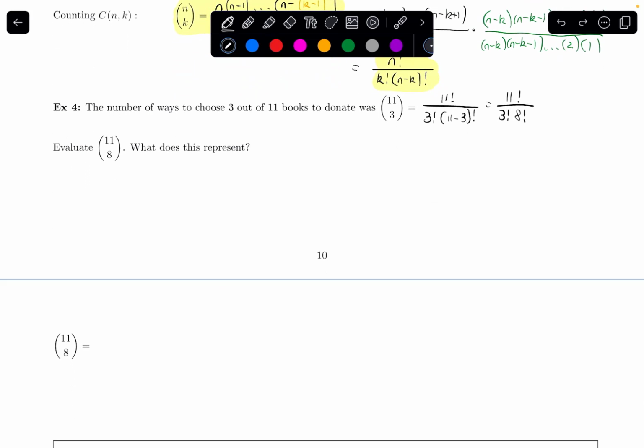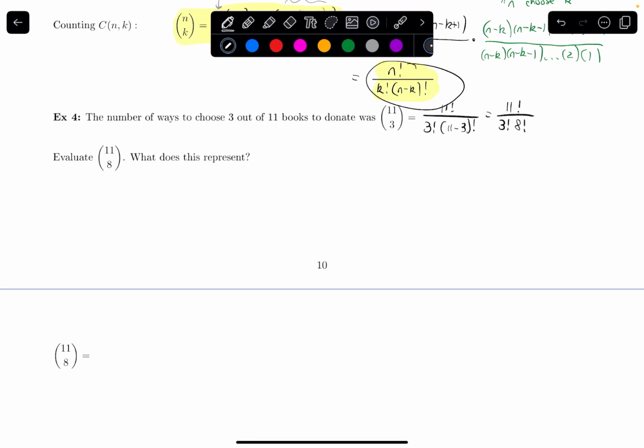So 11 choose 8, if I use this factorial formula, would be 11 factorial divided by, and now the k is 8 instead of 3, so I'll get 8 factorial, times 11 minus 8 factorial. Simplifying, this is 11 factorial over 8 factorial times 3 factorial.